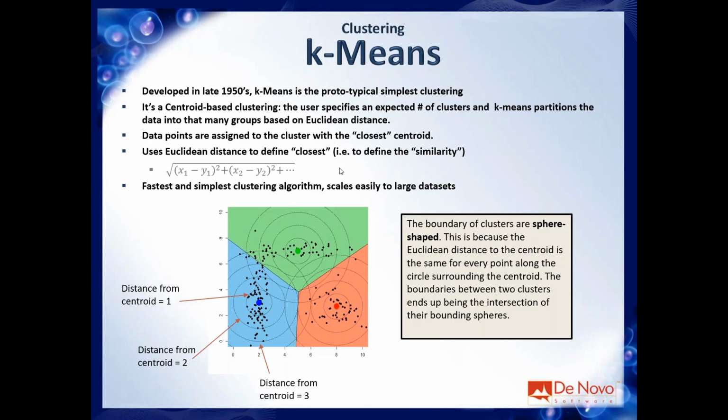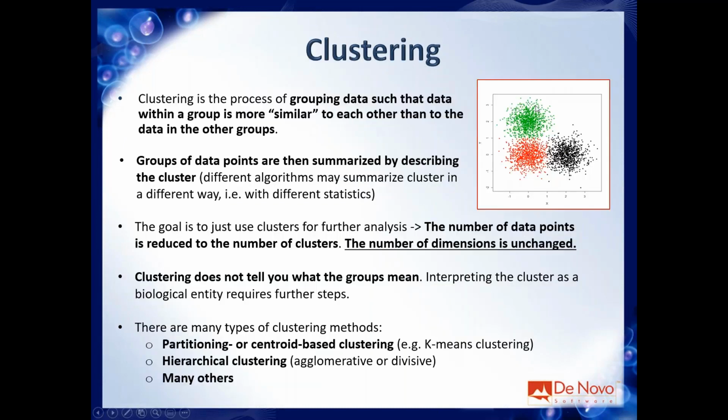Okay. Then the other crucial point to keep in mind with K-means is that K-means allows the user to define a priori the number of clusters that you want to look for. So, for example, in the plot that we saw before, it was pretty clear that we want to look for 3 clusters.